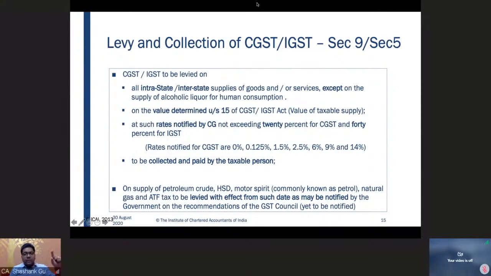On 1000 rupees, 10% will be customs duty. 10% of 1000 will come out to 100 rupees, plus suppose 18% GST is applicable, so 180 rupees GST. So the total tax will be 100 rupees basic customs duty plus 180 rupees GST, total 280 as customs duty, with its breakup being 100 rupees customs duty and 180 rupees IGST.